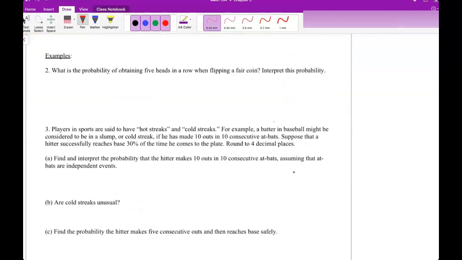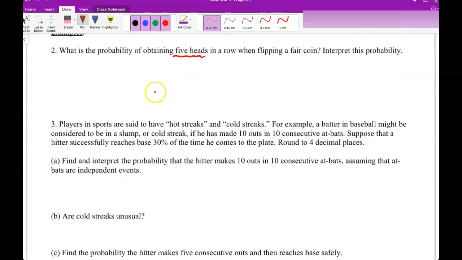Example, what is the probability of obtaining 5 heads? So here we have 5 heads in a row. Exactly the same as what I did on the previous part, probability of head, and now I have 5 heads.